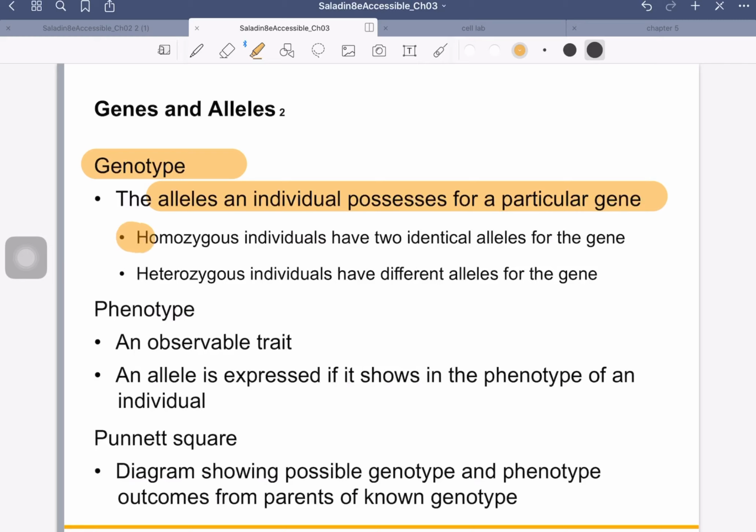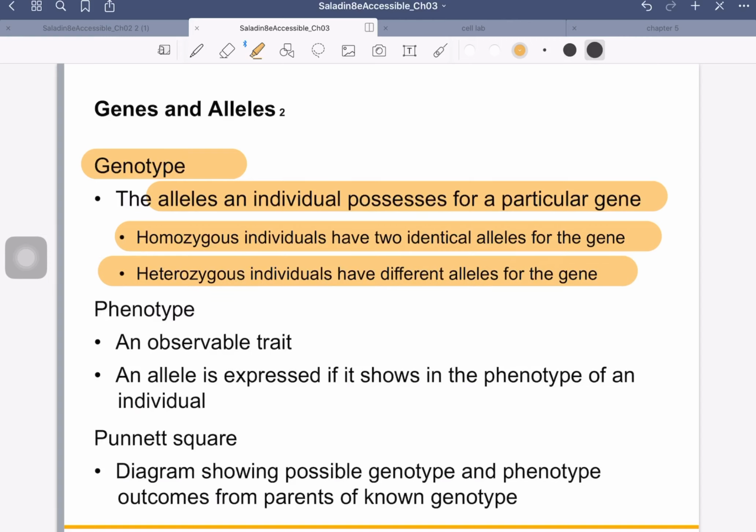But if I have a homozygous individual, they have two identical alleles for the gene. Heterozygous, so it's homozygous, I should say, versus homologous. Heterozygous individuals have different alleles for that gene.